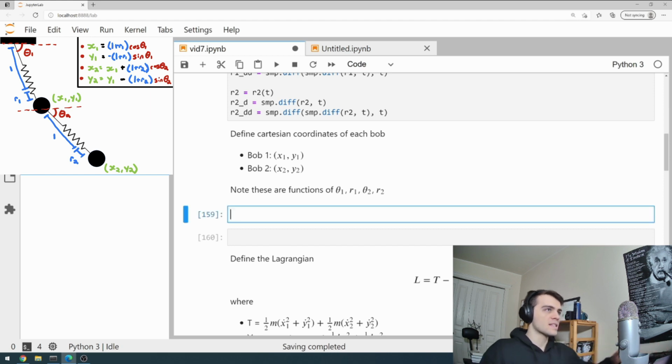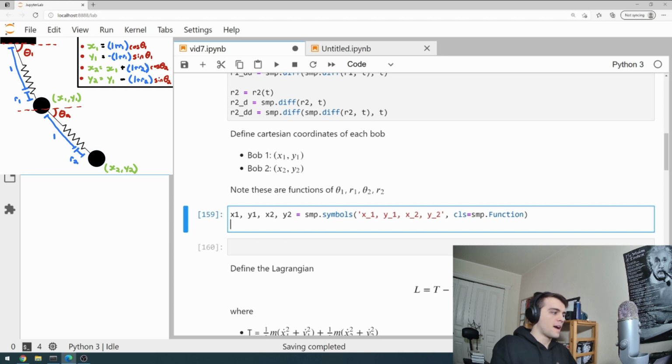So defining these, we have x1, y1, x2, y2 is equal to sympy.symbols, and then LaTeX x1, y1, x2, y2, and we're going to make sure that they're functions, right?